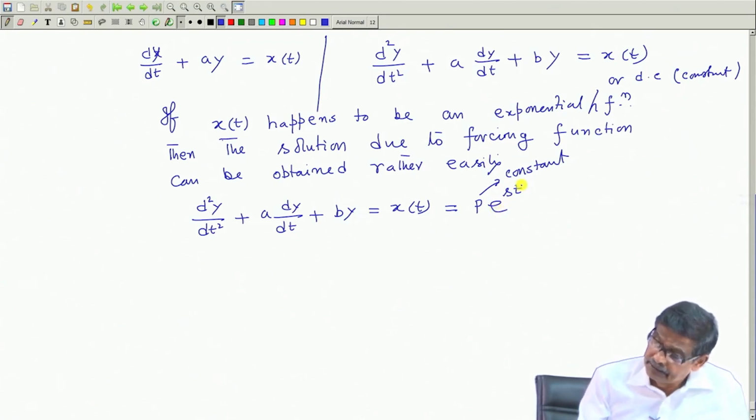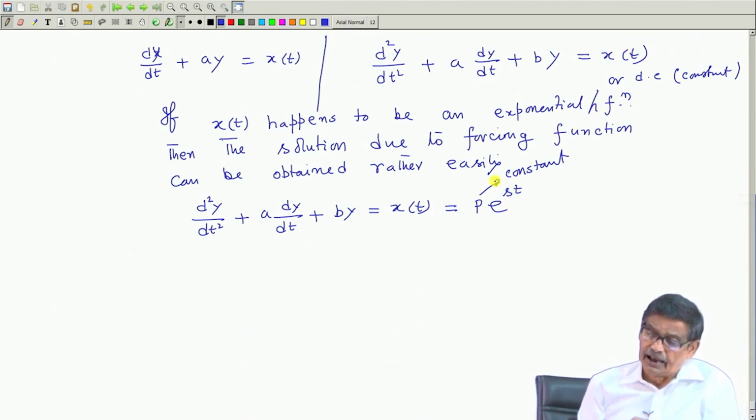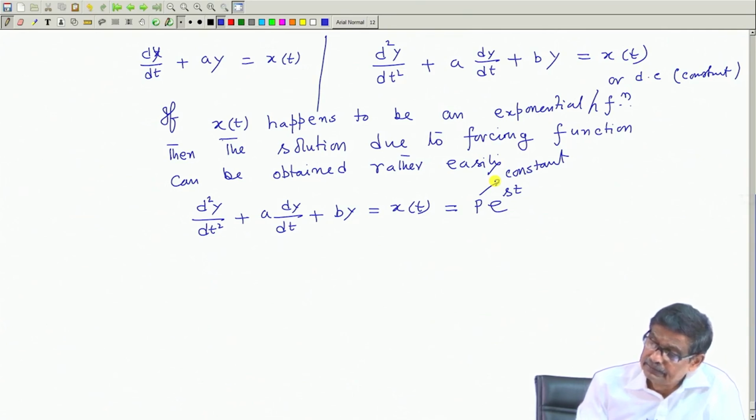If this is the function, first I say that this is an exponential term. We argue like this, okay, this is a very interesting way to look at the problem.